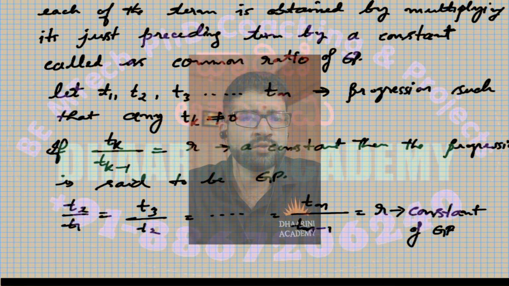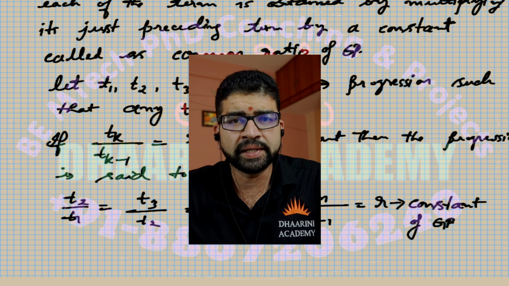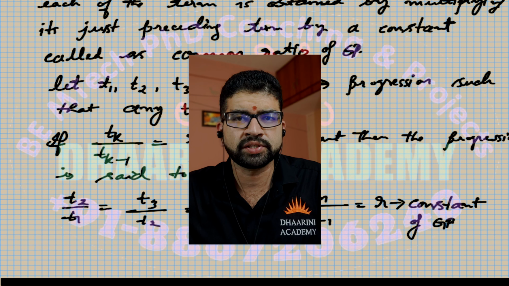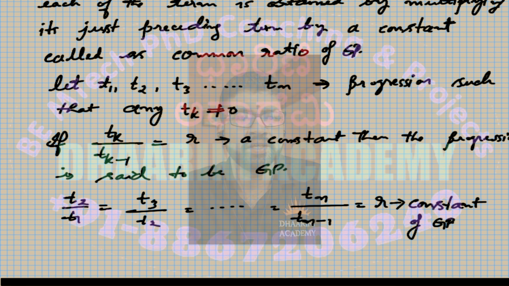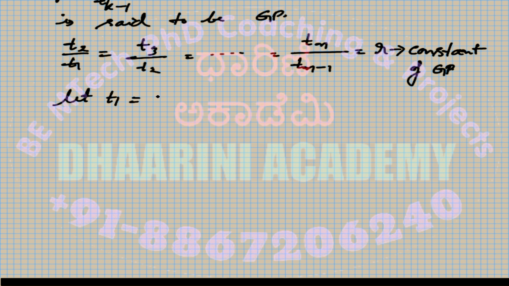Now let's try to find out some of the basic features of this geometric progression. We'll begin from the first term, and by default, we'll denote the first term of the progression by small letter a. So let T1 equal to a be the first term of the geometric progression.